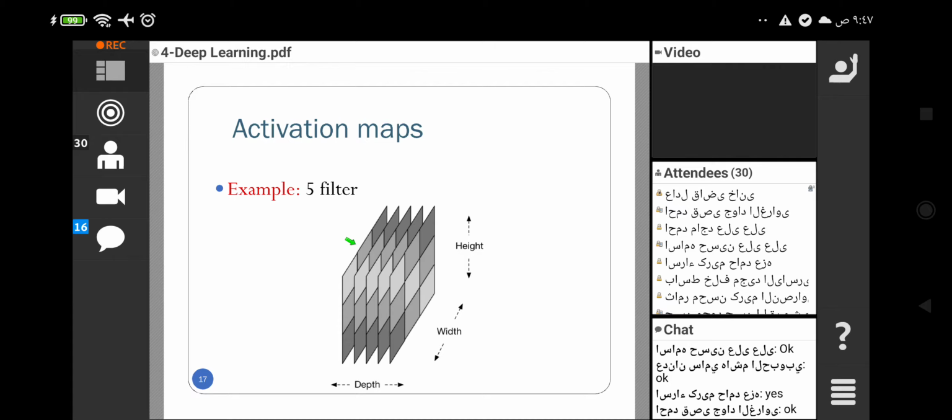If in the convolution layer we have 5 neurons or 5 filters, and then we do the convolution operation, it would have 5 outputs, 5 activation maps. These are these outputs, 1, 2, 3, 4, 5. These are the result of those 5 kernels. So this is what happens in the convolution layer when we have multiple neurons.